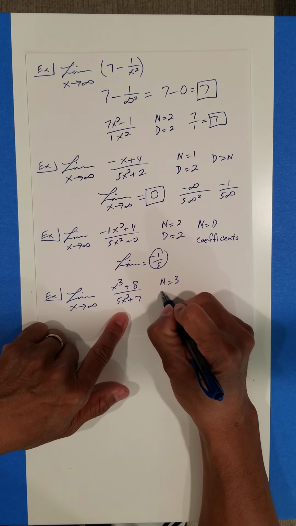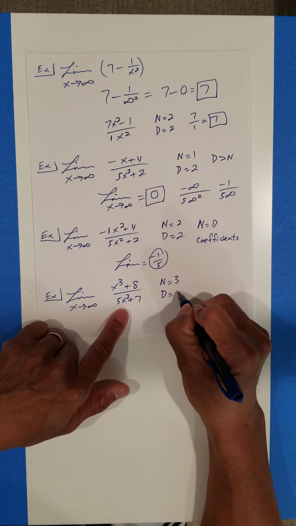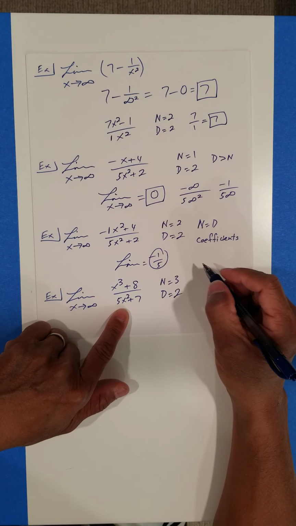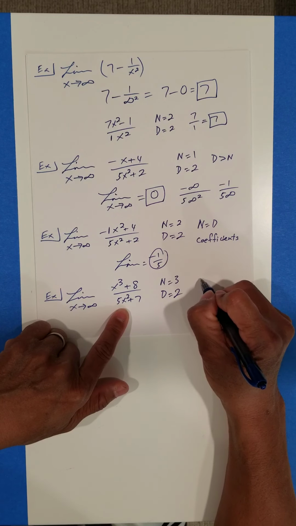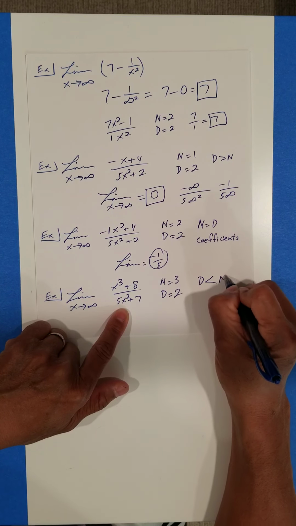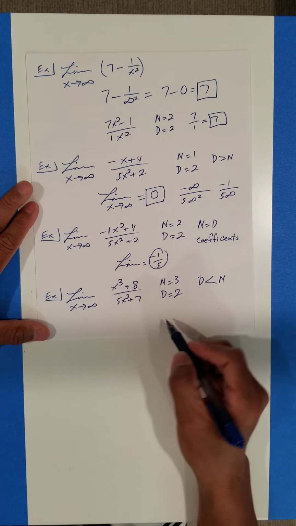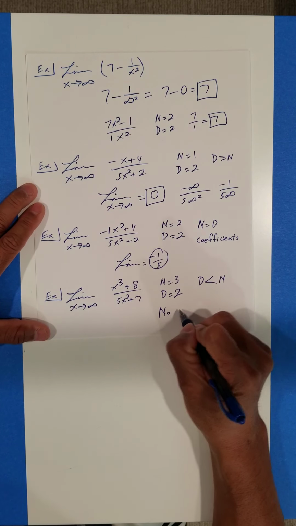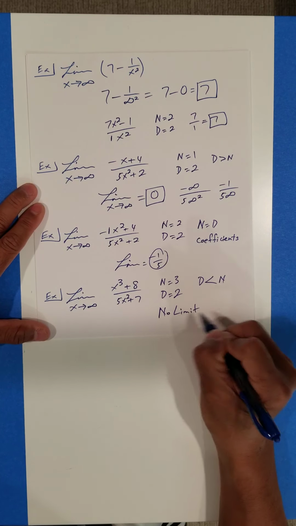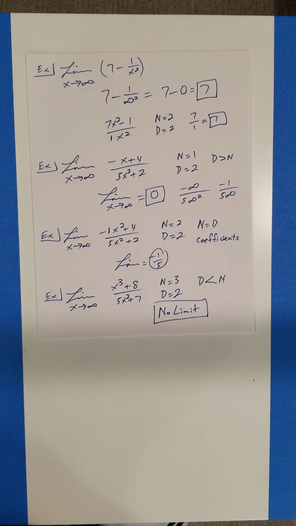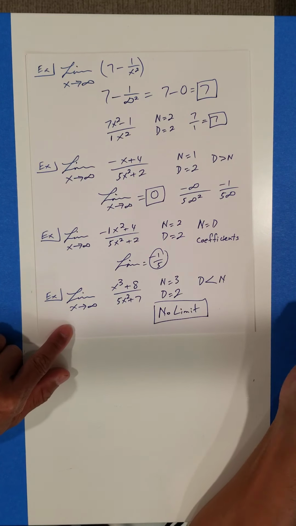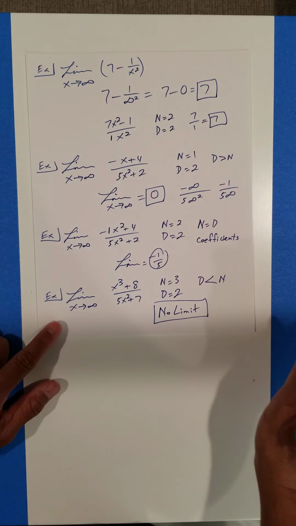On the bottom, what's the degree of the denominator? 2, right? So in this case, my denominator degree is less than numerator. When that occurs, no limit. That's it. Simple. Okay, so we're just comparing powers. That's how you find limit as x goes to infinity. All right, try some on your own.